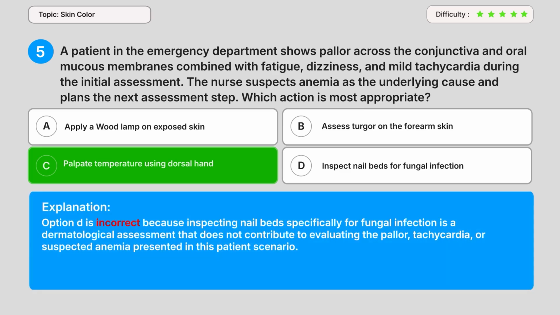Option D is incorrect because inspecting nail beds specifically for fungal infection is a dermatological assessment that does not contribute to evaluating the pallor, tachycardia, or suspected anemia presented in this patient scenario.